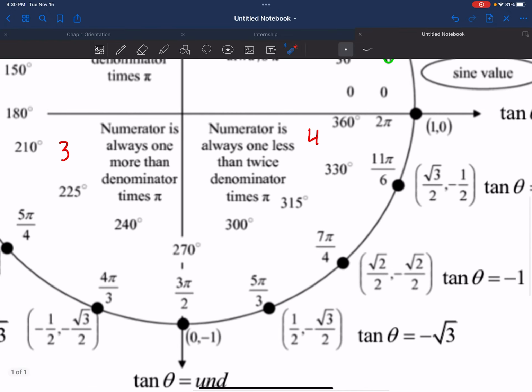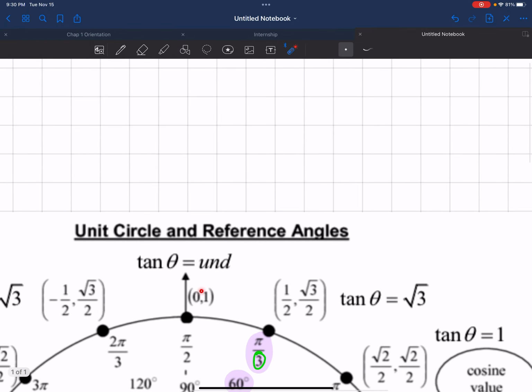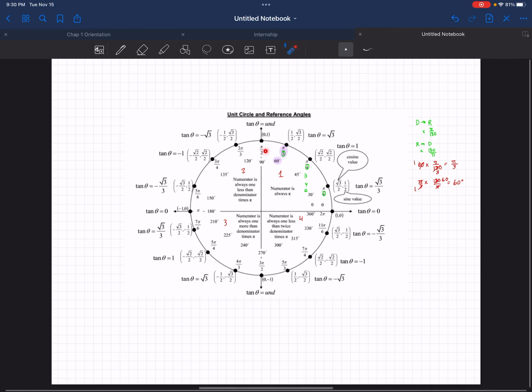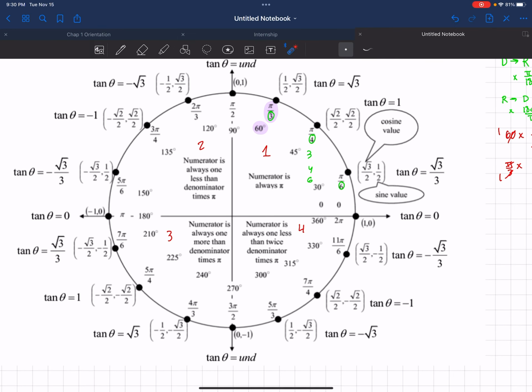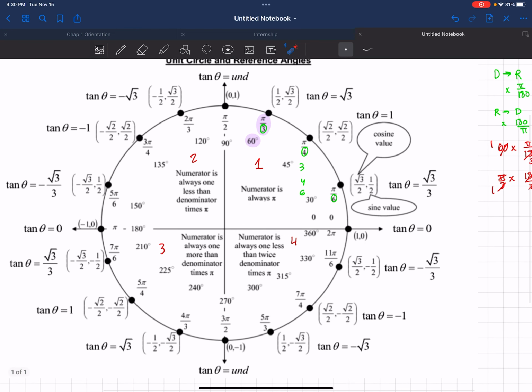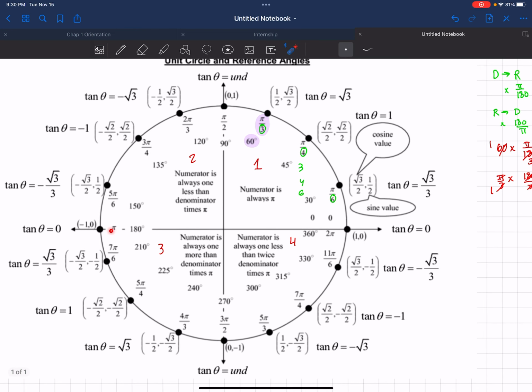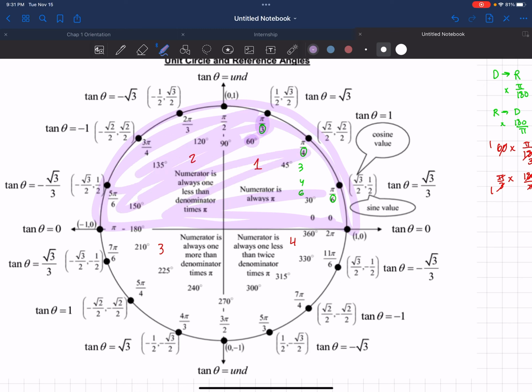And then up here, these two values are a little bit different. I don't want to draw this in, but this top right here is just pi, right? And then the bottom half here, that's another pi.